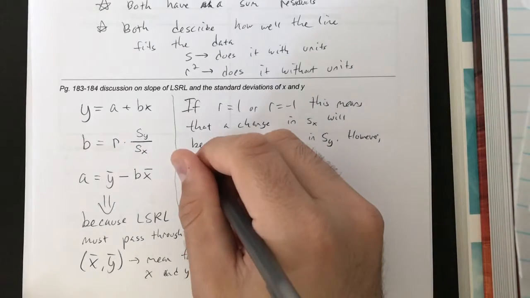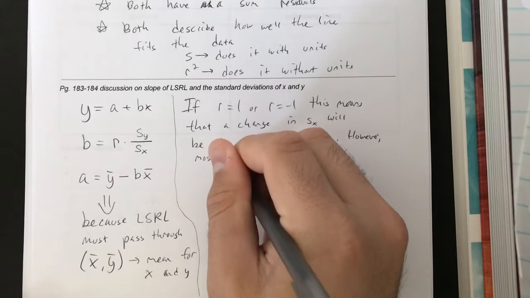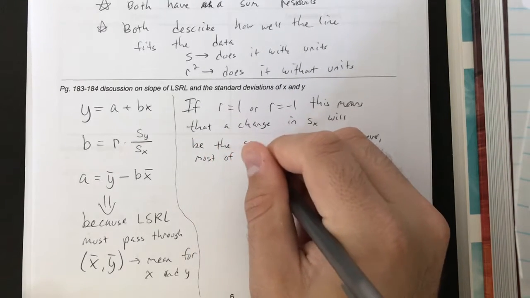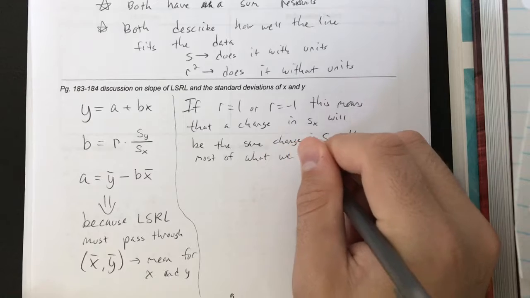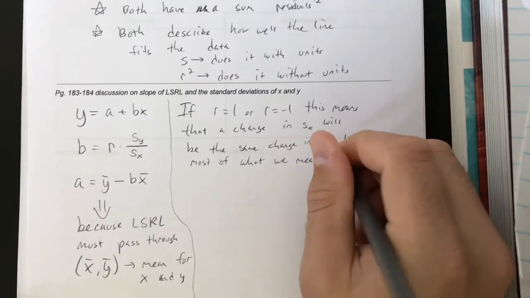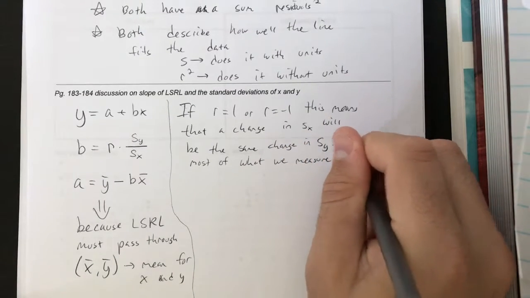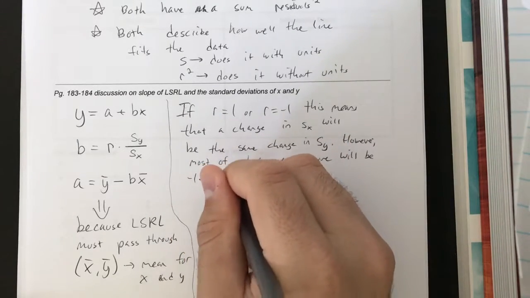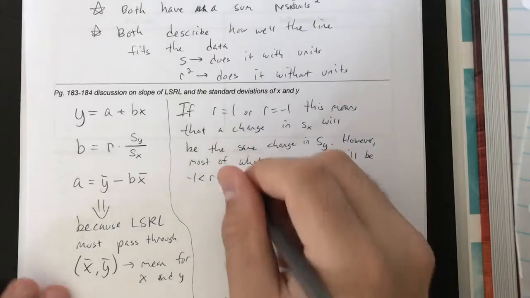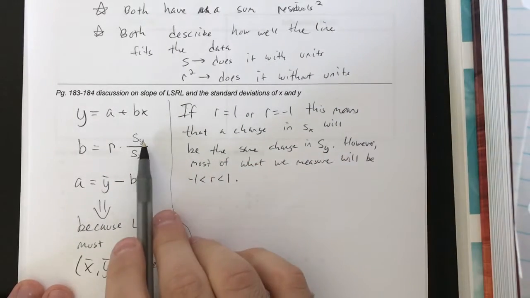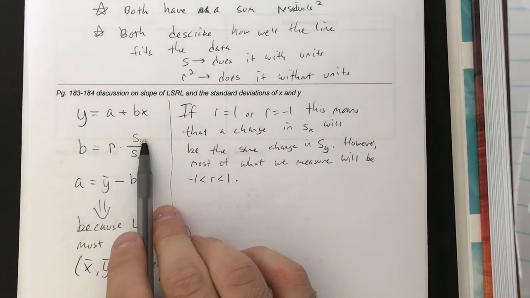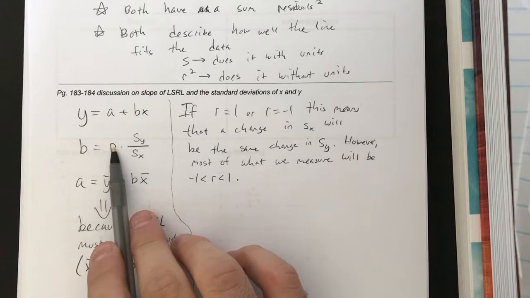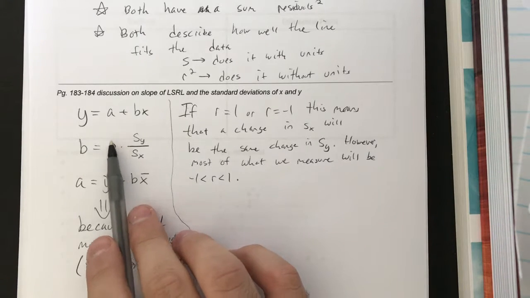So most of what we do, or most of what we measure, will be between -1 and 1. So what happens there, if this number is less than 1 or larger than -1, it's now a fraction.